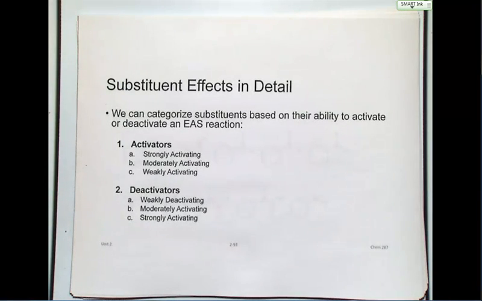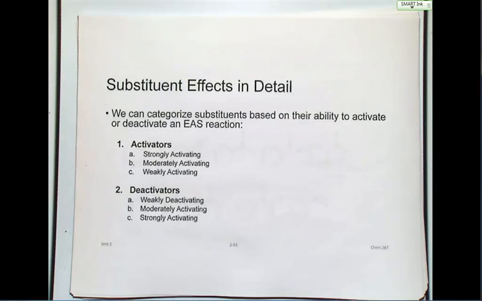So we can categorize the substituents we've learned so far based on their ability to activate an EAS reaction. They're either going to be activating the EAS reaction or deactivating it. Activators make the EAS reaction go faster, and deactivators make it go slower.